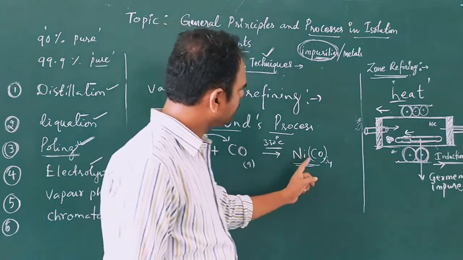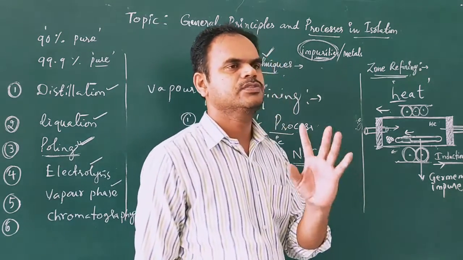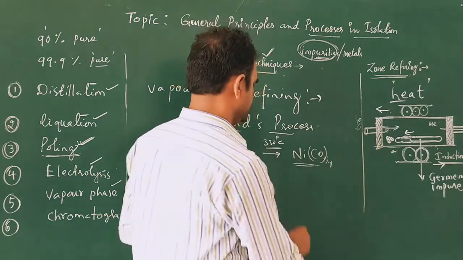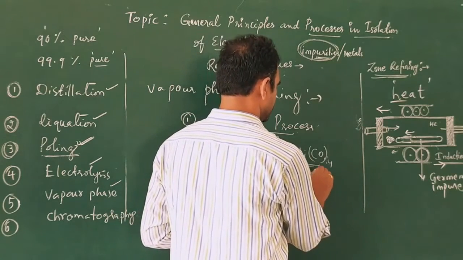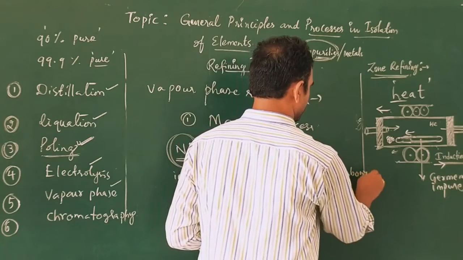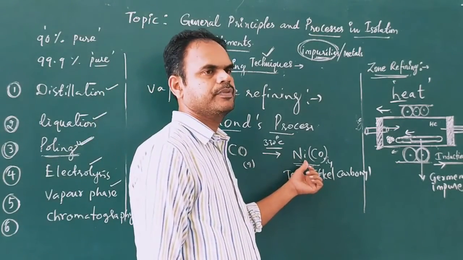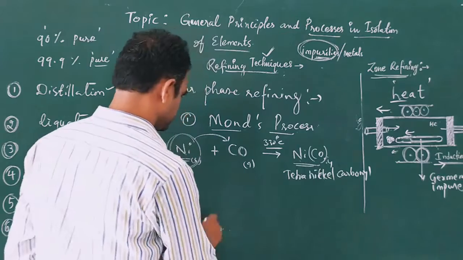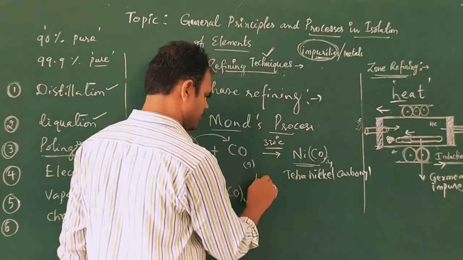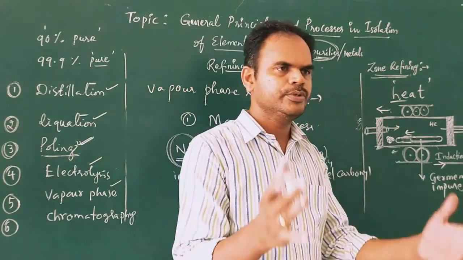So what compound is formed here? Nickel tetracarbonyl compound is formed. A metal complex compound is formed. What is that name? Nickel tetracarbonyl compound. This is the metal complex compound, and upon heating this nickel tetracarbonyl to around 450 degrees Celsius, it undergoes decomposition.